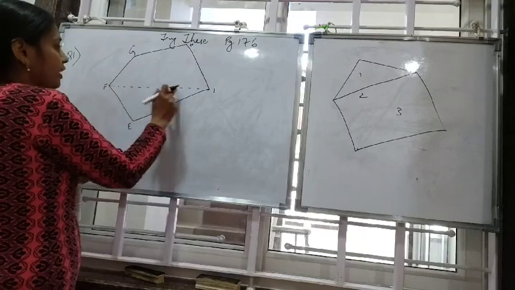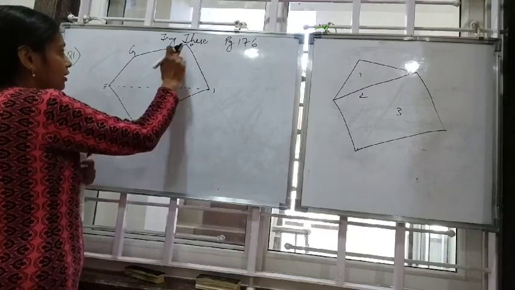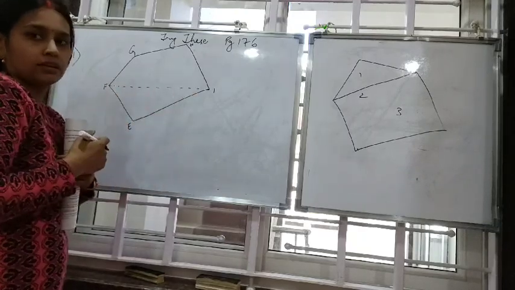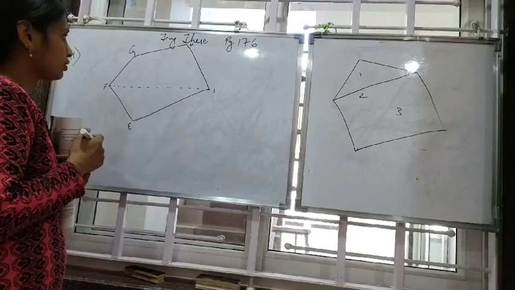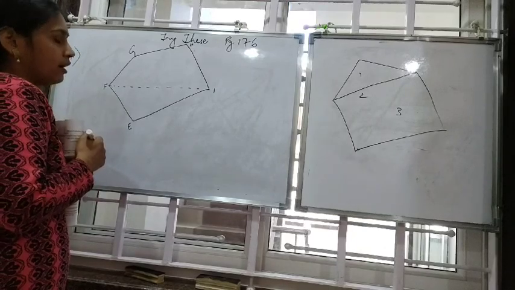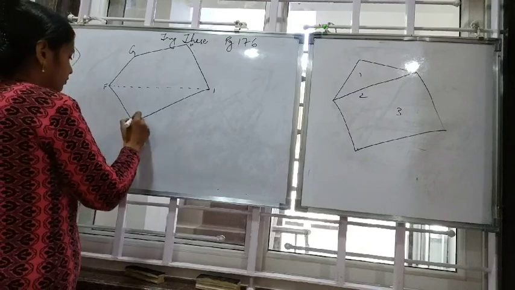You can see we can divide it into a triangle like this, and this you can take as a quadrilateral, okay, and then you can add.